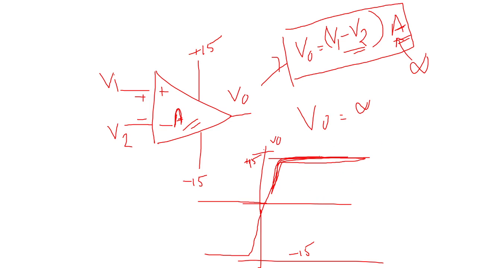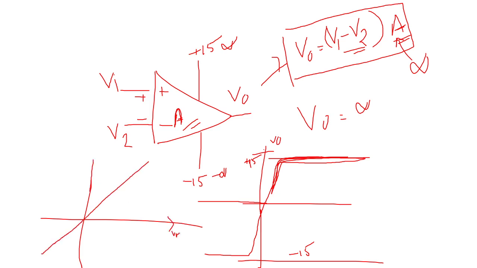If we could apply a bias voltage of plus infinity and minus infinity to an op-amp, definitely we would get linearity like this, whatever the input, multiplied by gain. But ideally that is not possible; practically it will be like this because of saturation.